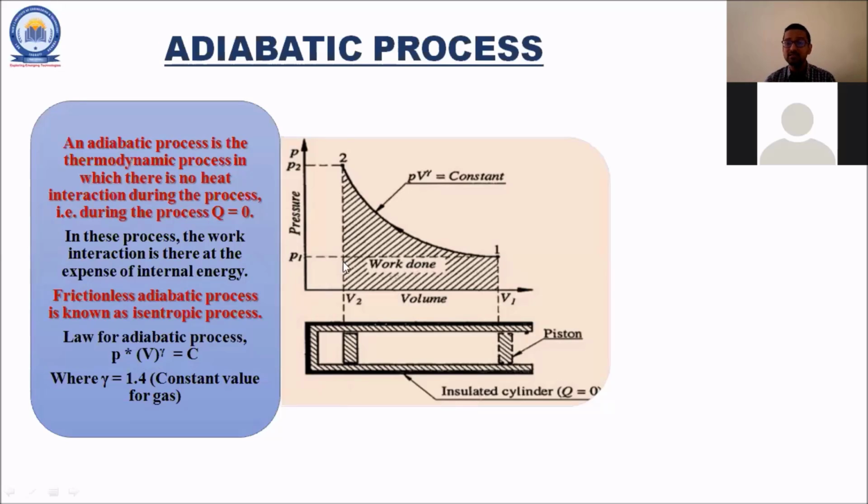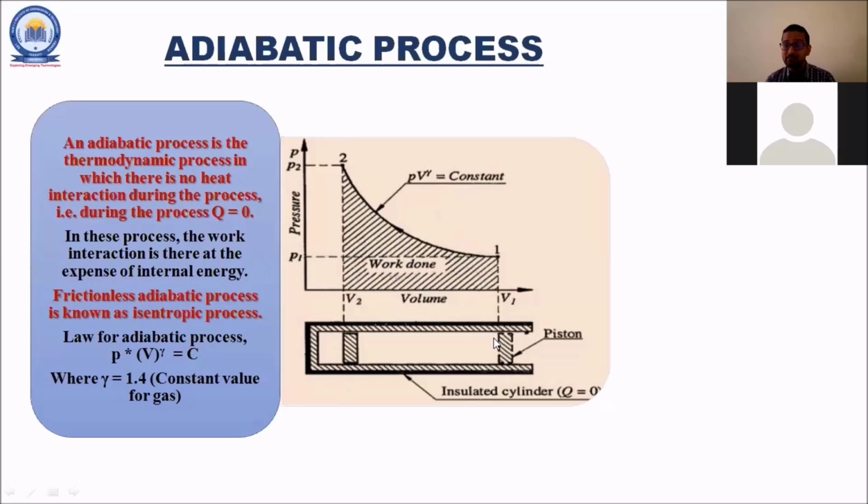If we represent the adiabatic process on the PV diagram, considering point 1 as the initial state and 2 as the final state, we get this type of curve, we get the area of the diagram, and this area represents the work done. And this curve represents PV raised to gamma is equal to constant.